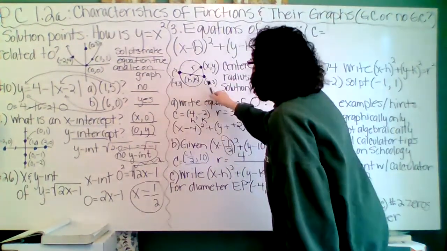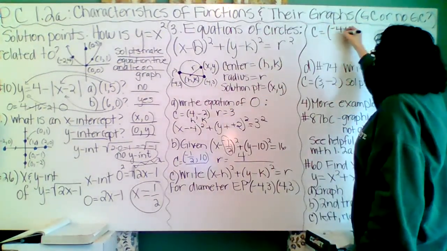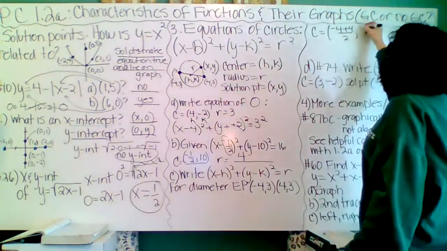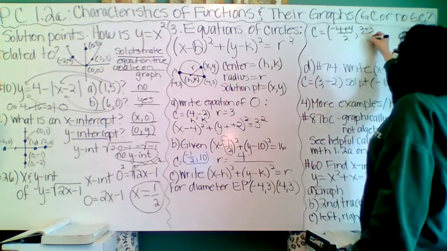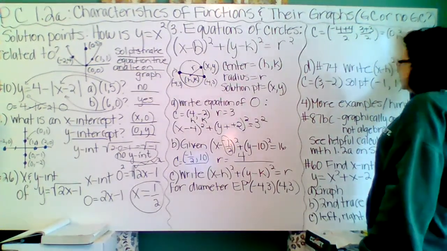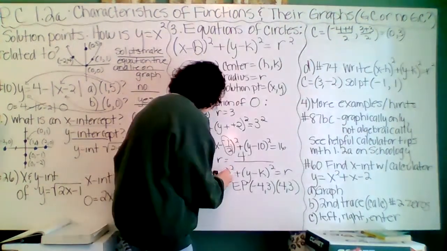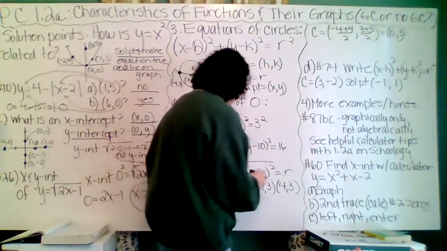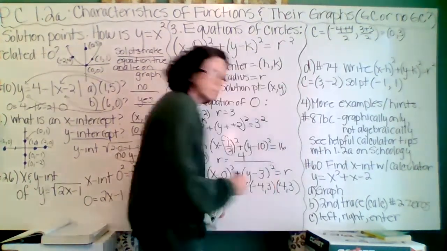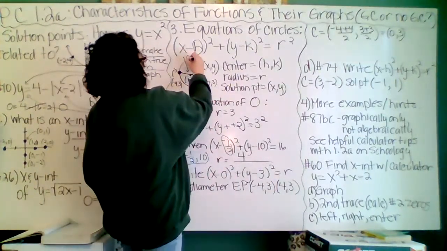Let's add up the 2 x's and divide by 2, and let's add up the 2 y's and divide by 2. And we get the center point is 0 and 3. So we'll put that right here, 0 and 3. Okay, so we just found this center point of 0 and 3.